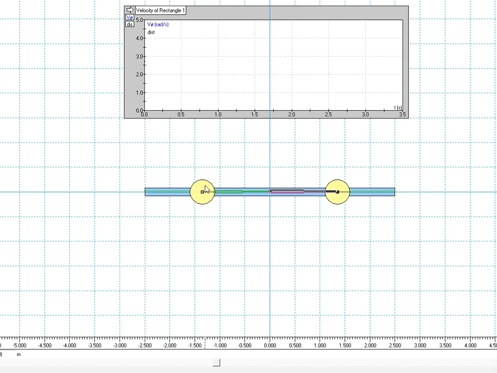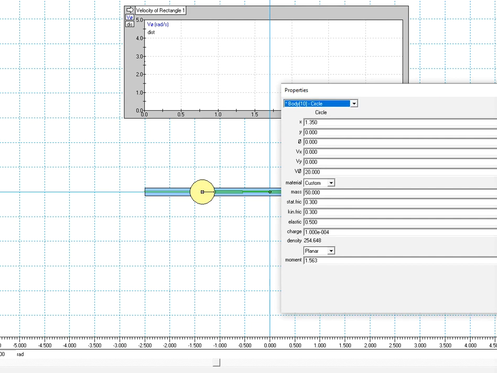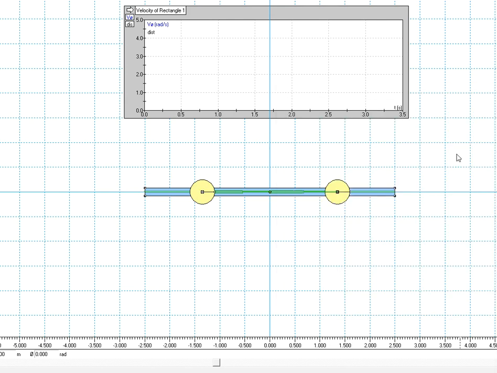So the two discs each have 50 kilograms, and the rod has a smaller mass. I can have it slightly bigger. Okay, so as the masses move away from and towards the axis of rotation, which is here at 0, 0, the system changes angular velocity, again without any external effect.